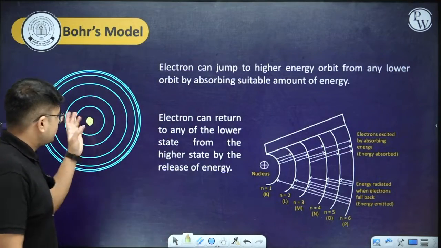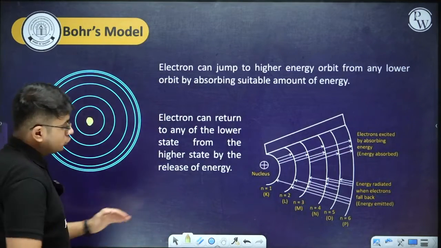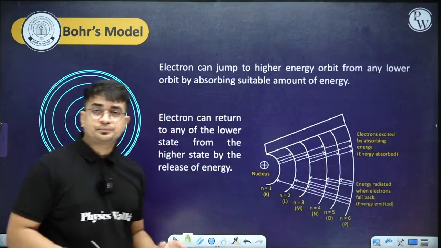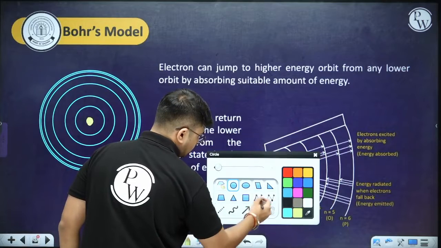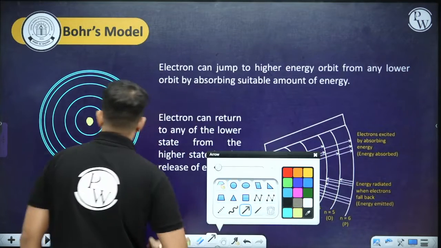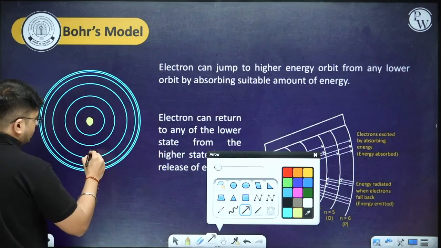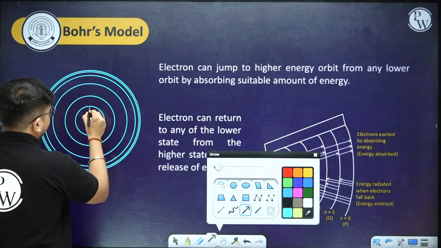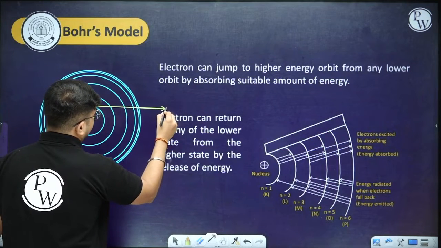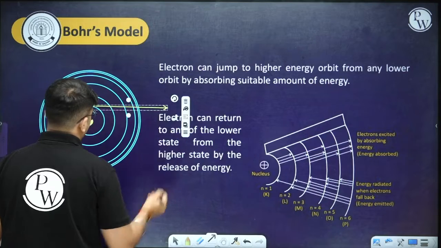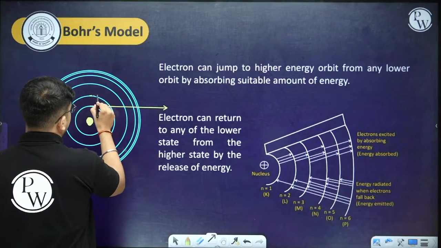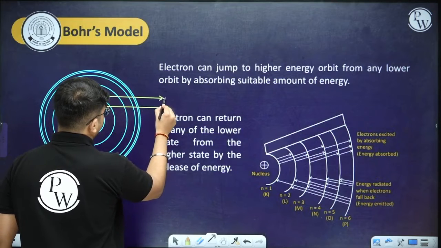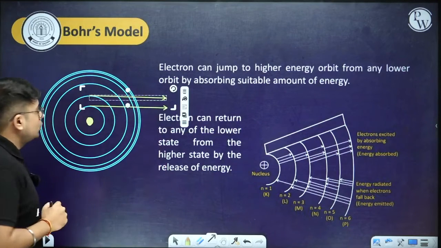Now from this, if I'm talking about the cross sectional view, you can see the cross sectional view here. Now I'll try to explain that this is, let's say, n is equal to 1. This point corresponds to n is equal to 2.